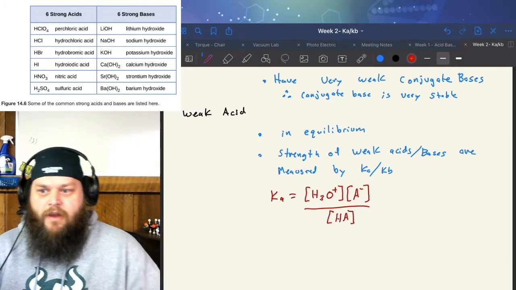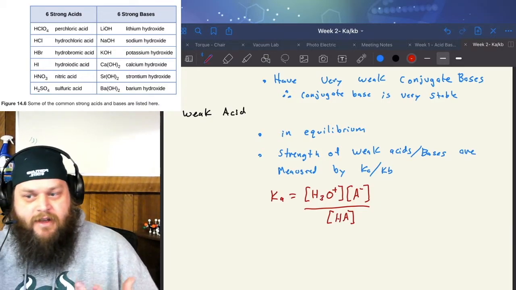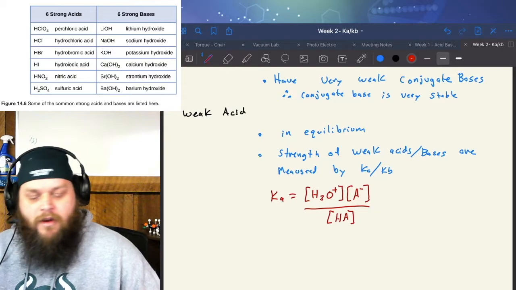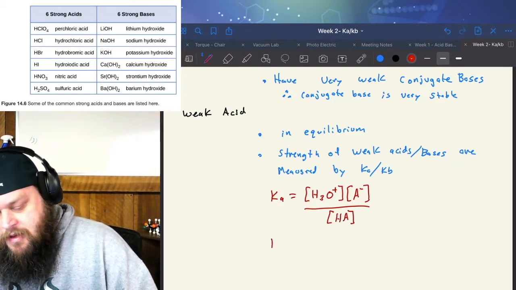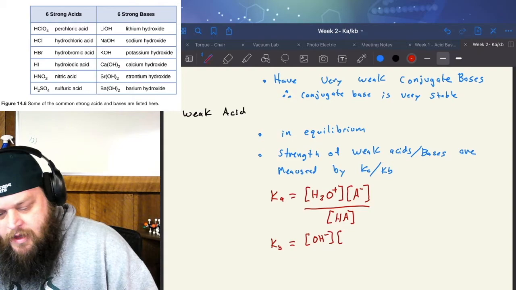So whatever the A is could be relative, but on the bottom here it's its acidic form because it has that hydrogen ion, and on the top the A minus is where it's lost it, that conjugate base. Similarly, Kb is going to be equal to OH minus times HA over A minus.